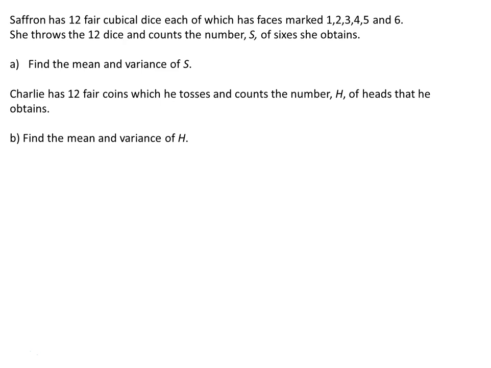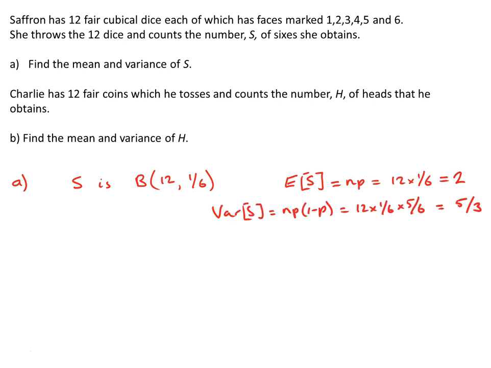So first of all, for part A, S is binomially distributed with n equals 12 and p equals 1/6. So the expected value of S is n times p, that's 12 times a sixth, which is 2, and the variance of S is np times 1 minus p, so that's 12 times a sixth times 5/6, which gives us 5/3.